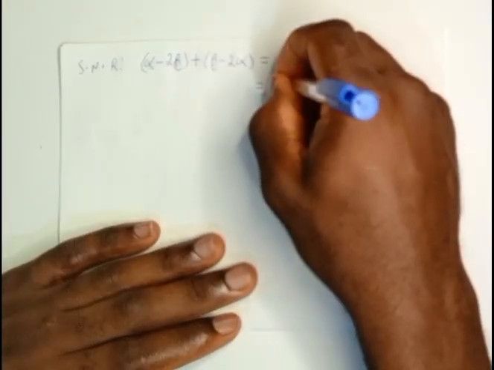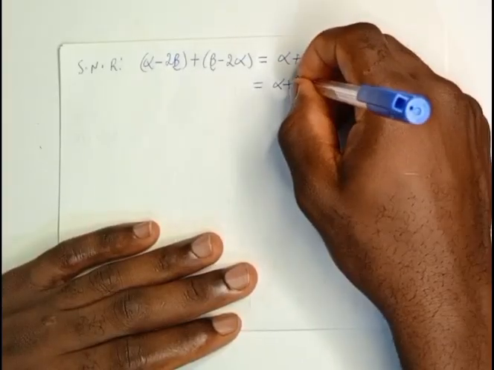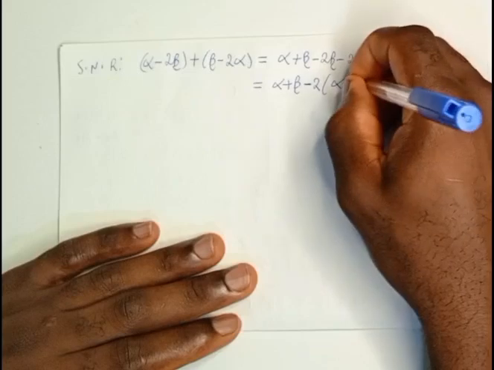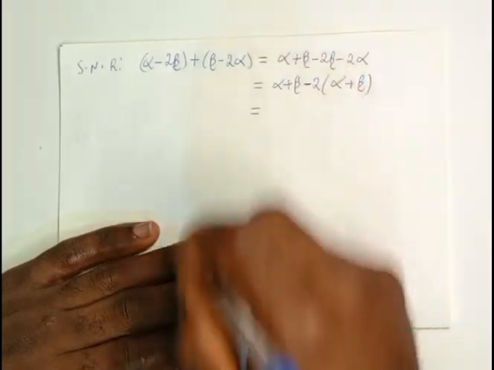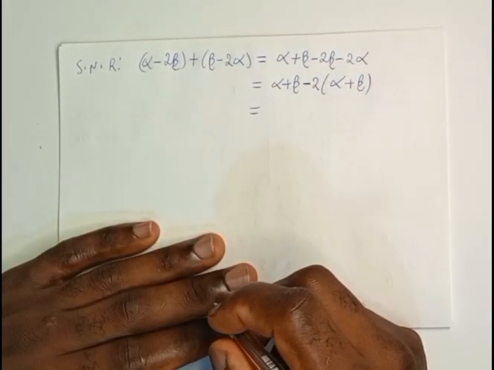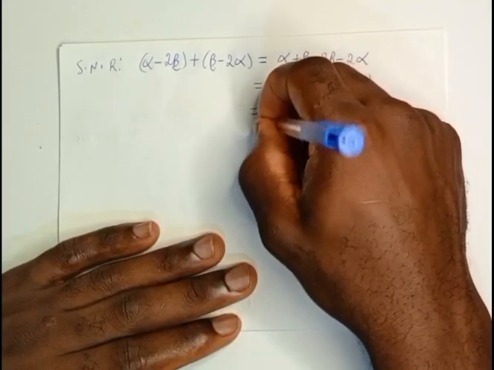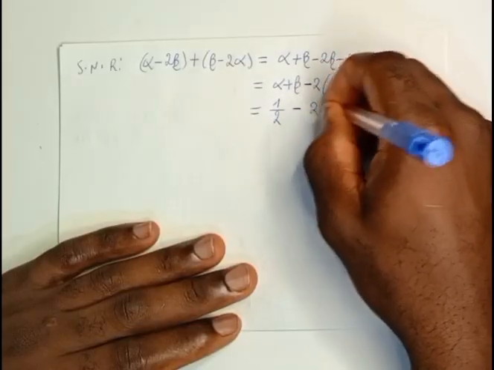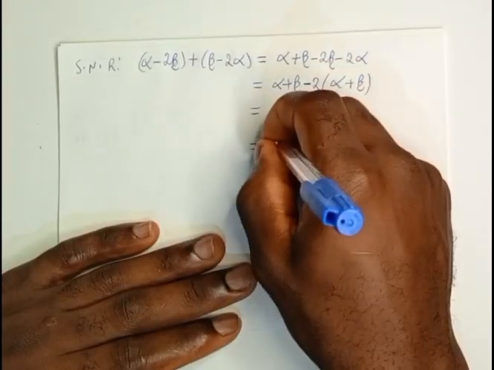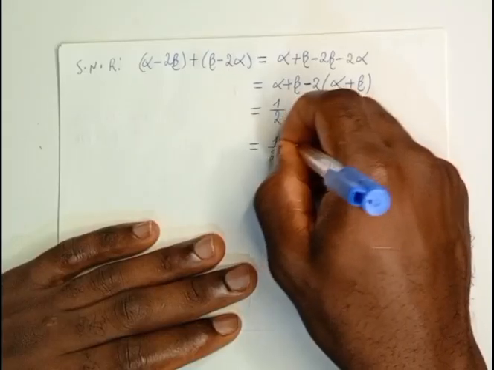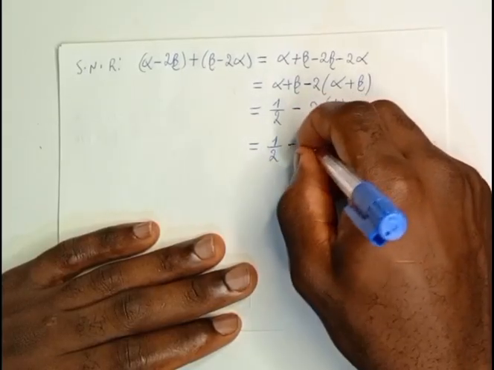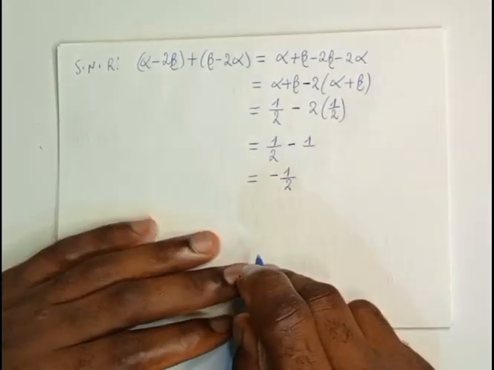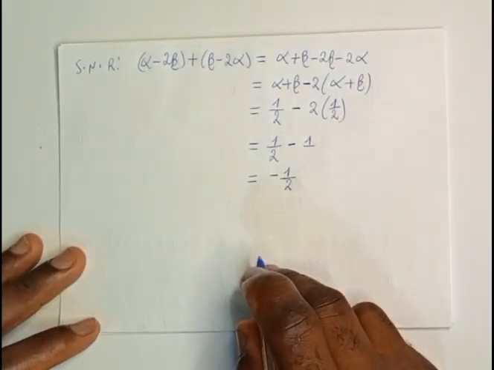You can express this as alpha plus beta minus, we can factor negative 2 times alpha plus beta, and this will be equal to, we know alpha plus beta, the sum of roots is a half, replace it with a half, minus 2 times a half, and this will give us a half minus 2 times a half gives us 1, a half minus 1 gives us negative a half.